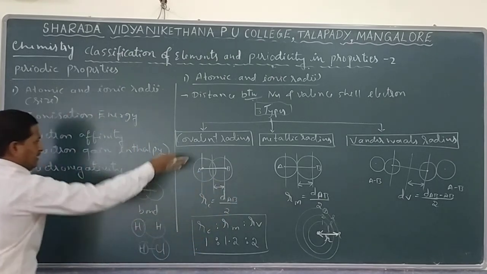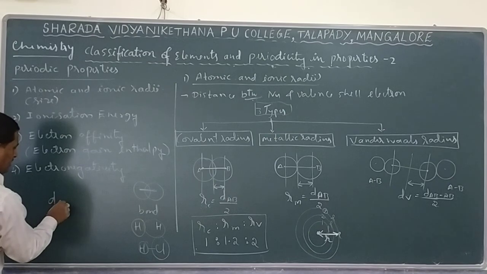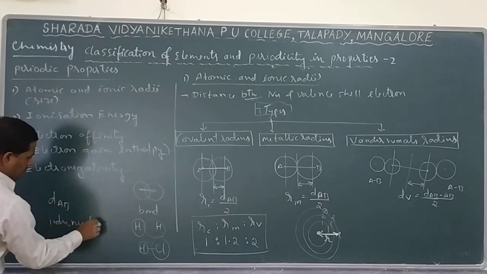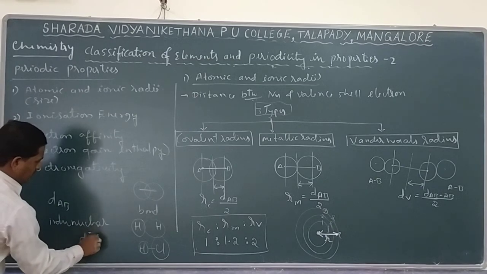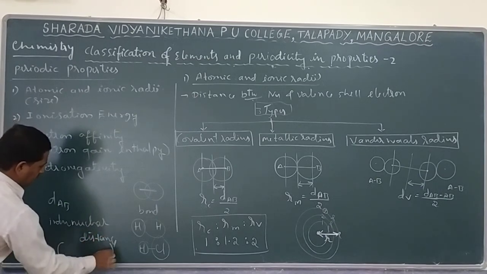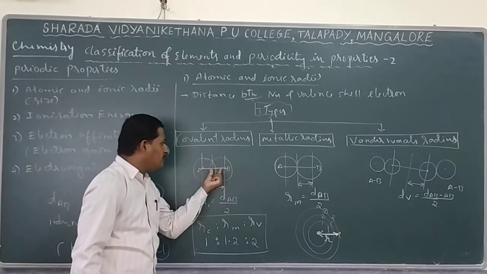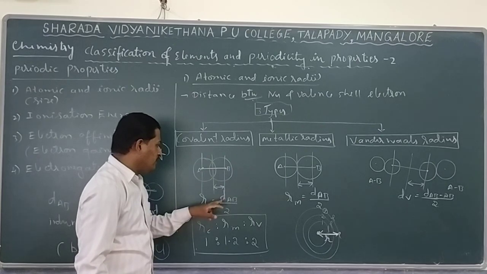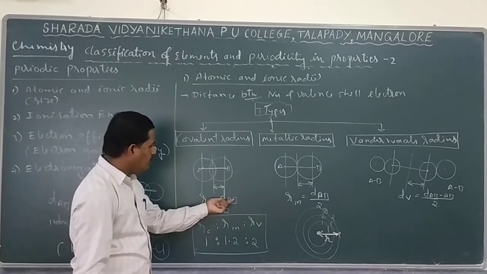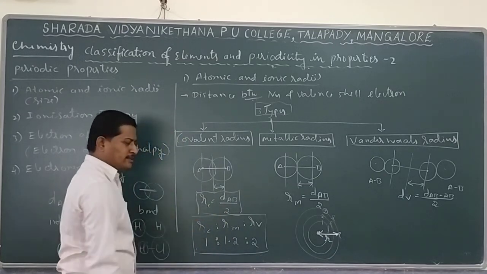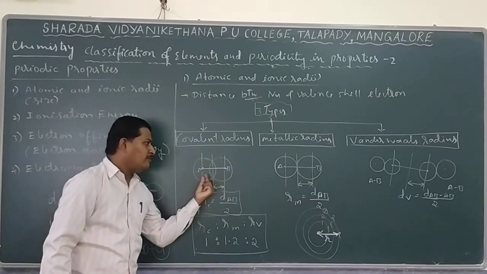In all three cases, DAB here is nothing but the internuclear distance. Later it is also called by one more name, bond length. So using the internuclear distance, take the average value divided by 2. Half of the internuclear distance tells about the radius observed in the covalent bonded situation.